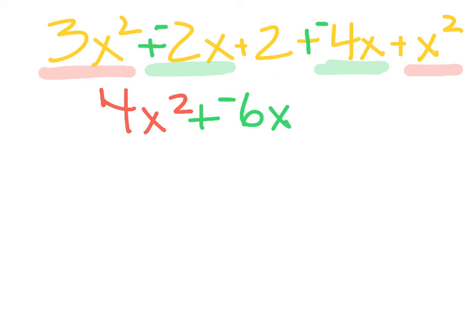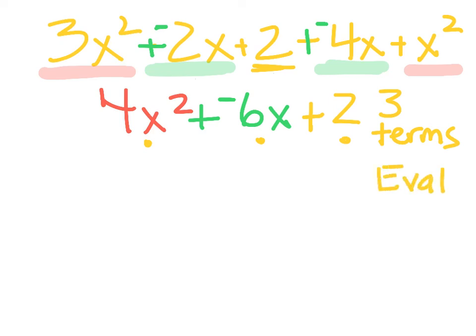And then the last thing we have is this 2 that's just hanging out on its own. After simplifying now, we have 1, 2, 3 terms, because there are no like terms you can add together. And if we wanted to evaluate this, let's say we want to evaluate for something easy like 1, we would substitute 1 in for x, so we get 4 times 1 squared plus negative 6 times 1 plus 2.